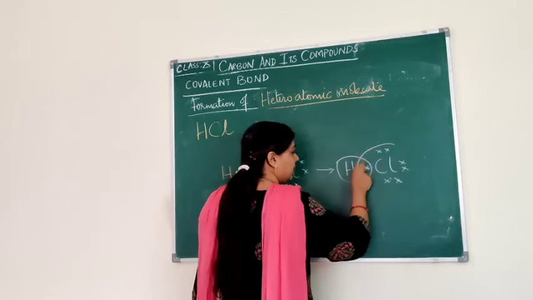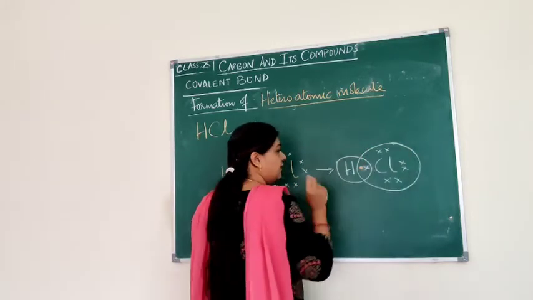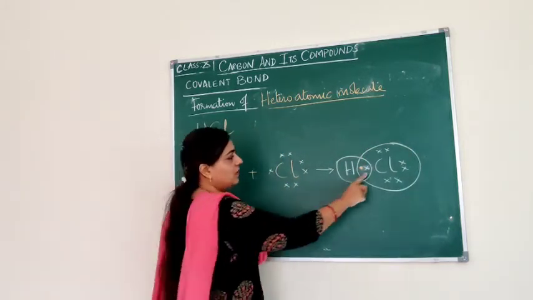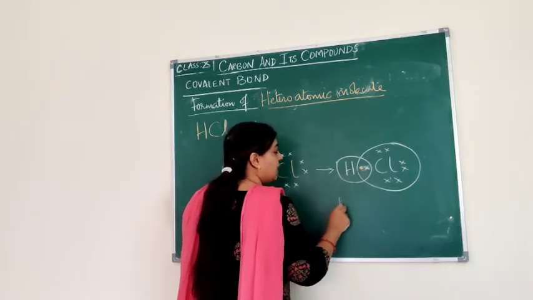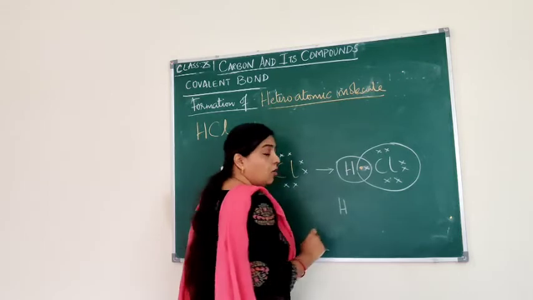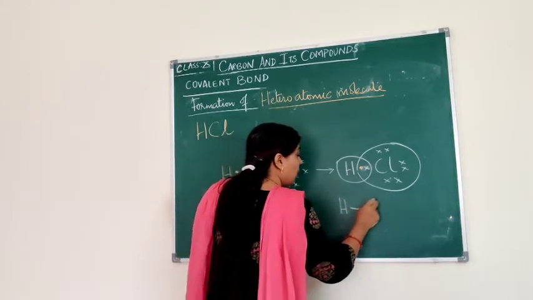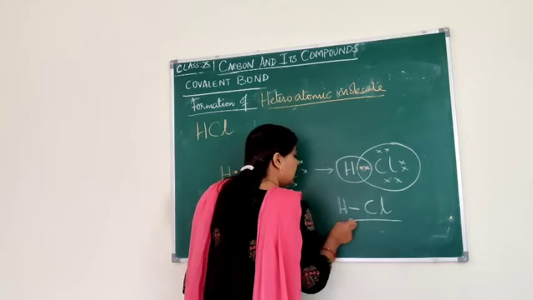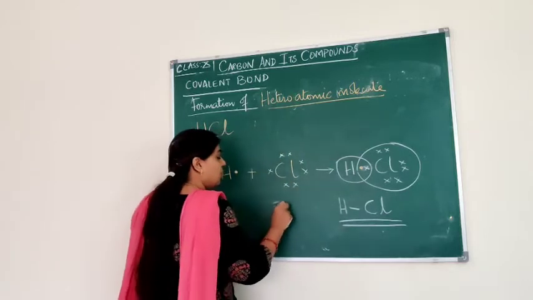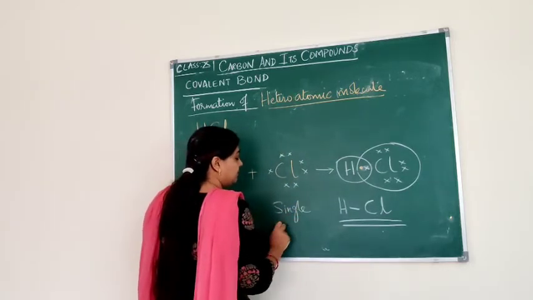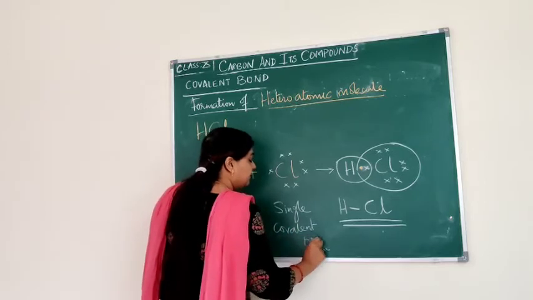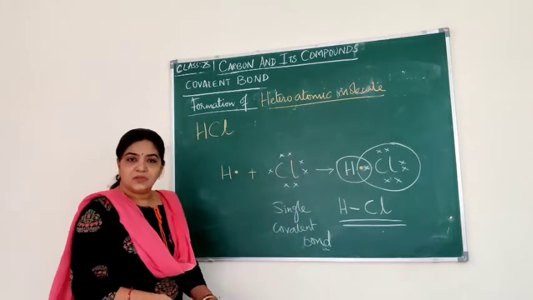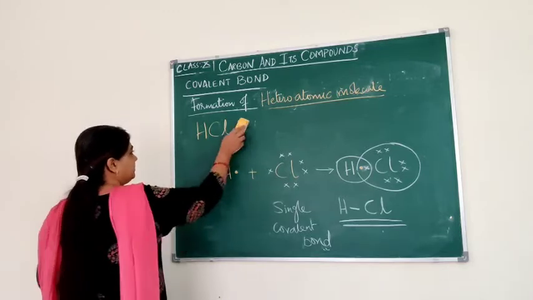And chlorine: 6 plus 1 means 7 plus 1, it becomes stable. How many electrons has it shared? Only 1 electron. So it is a single covalent bond.